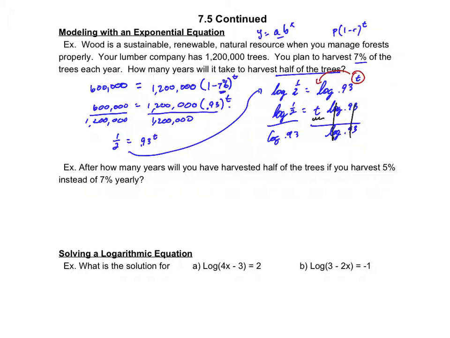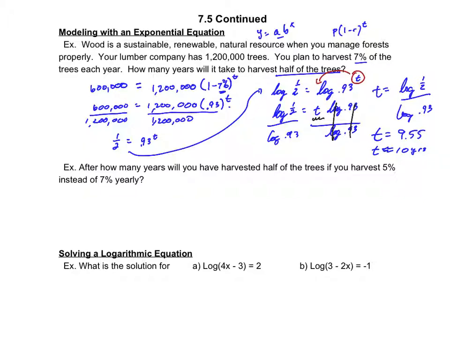And then t is equal to the log of 1/2 over the log of 0.93, or t is approximately 9.55. So how many years will it take to harvest that? You get 9.55 years, or t could be approximately 10 years. It just depends on the answer the book might be looking for.